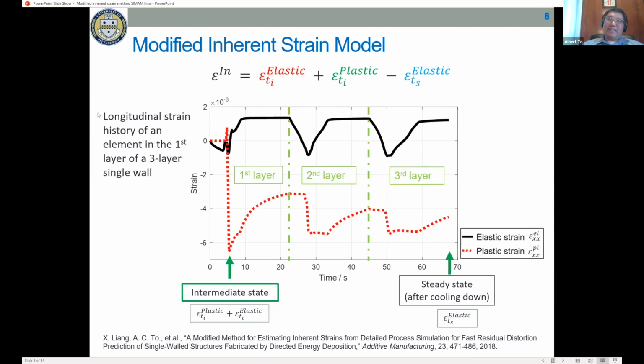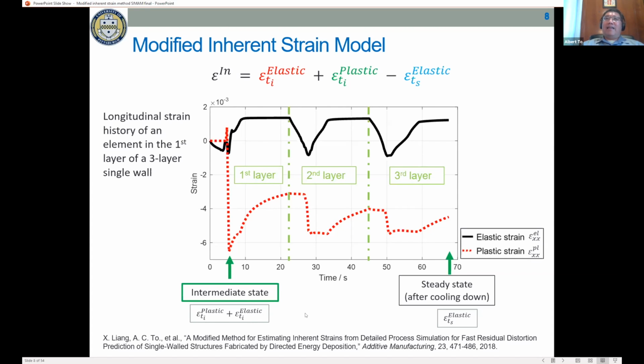So this is the largest at this stage, when there's a rapid expansion of the metal pushing the material into plastic deformation. So that's what we think part of the thermal energy is getting transferred into mechanical strain at the intermediate state, where the compressive strain is the largest. Okay, so that's the first two terms of this new model that we propose, including the plastic and the elastic strain.